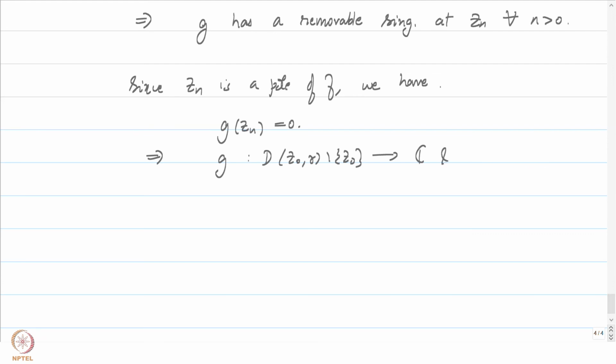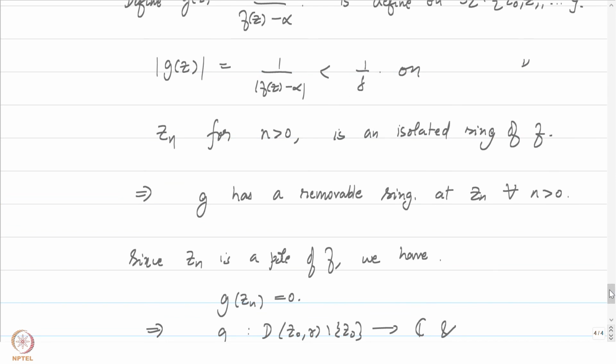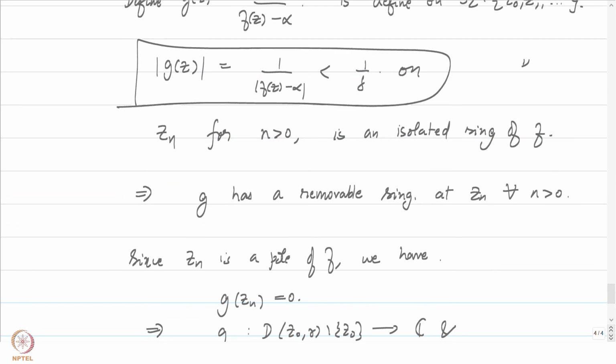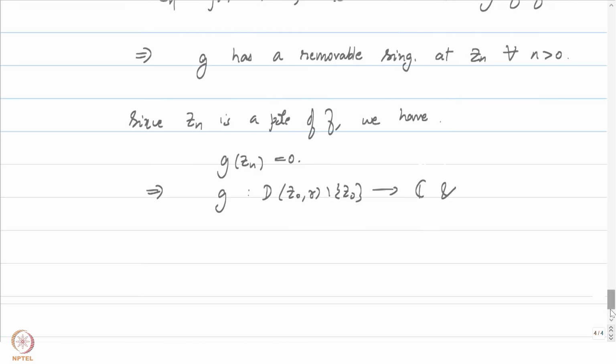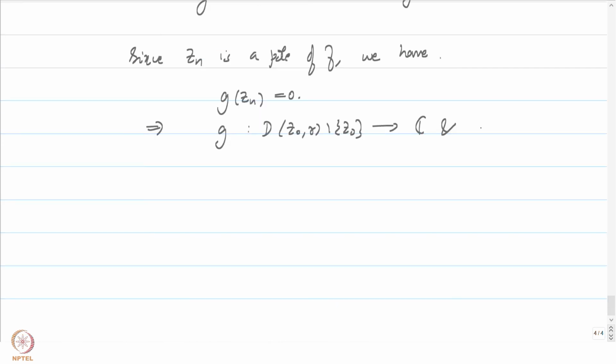And moreover, if you just go up and check, we have this condition here, and g of zn is equal to 0, and g is locally bounded in D(z0, r) minus z0, which tells us that g has a removable singularity because it is bounded in a neighborhood of z0.